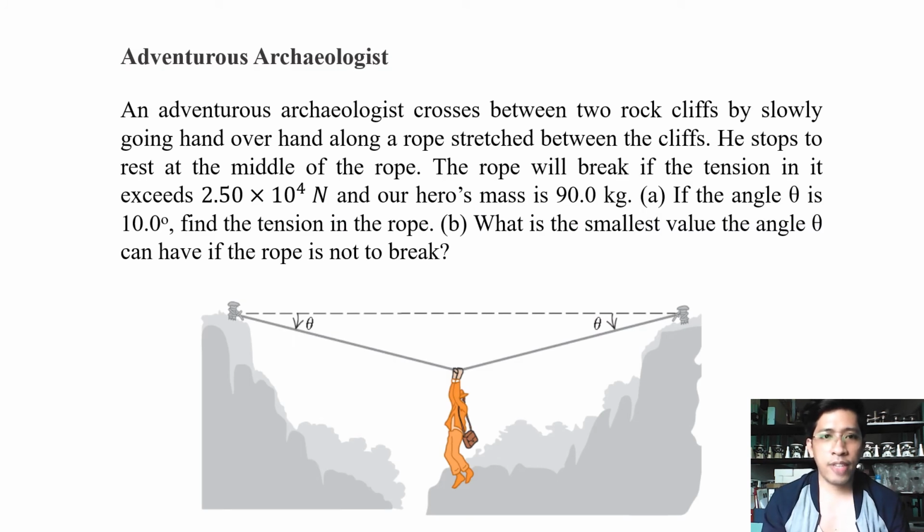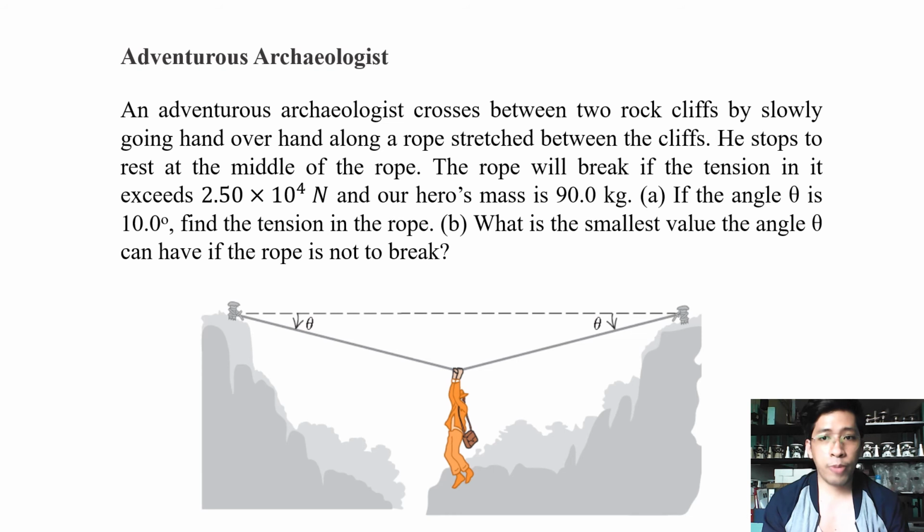So this is an adventurous archaeologist problem. An adventurous archaeologist crosses between two rock cliffs by slowly going hand over hand along a rope stretched between the cliffs. He stops to rest at the middle of the rope.